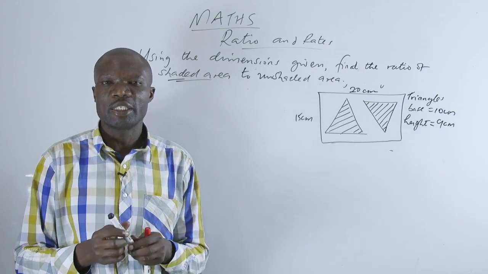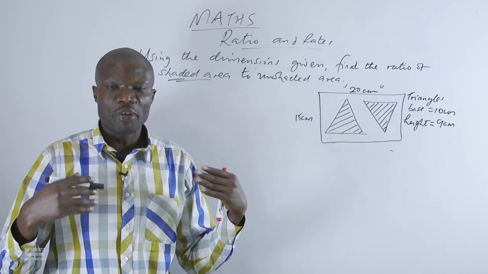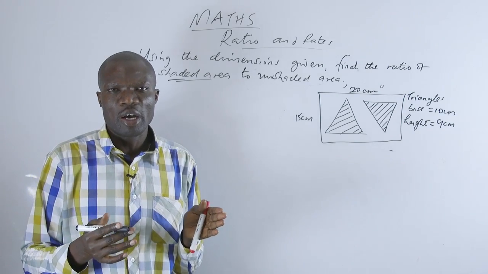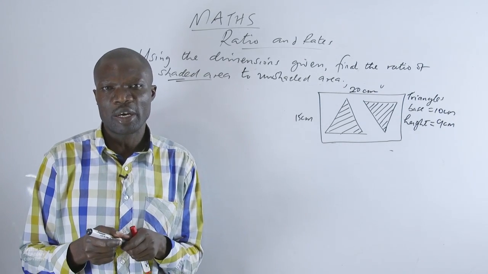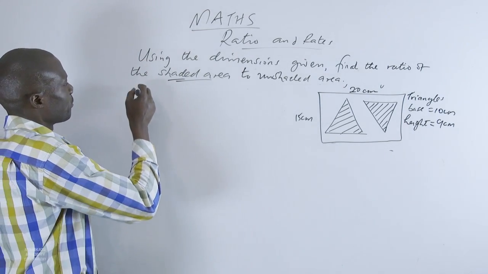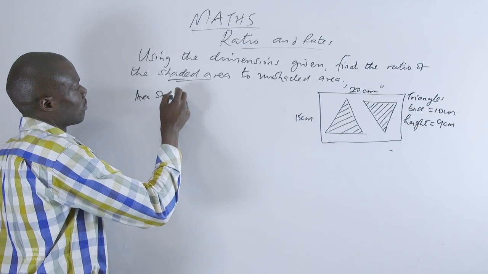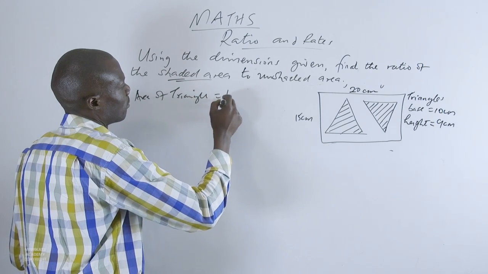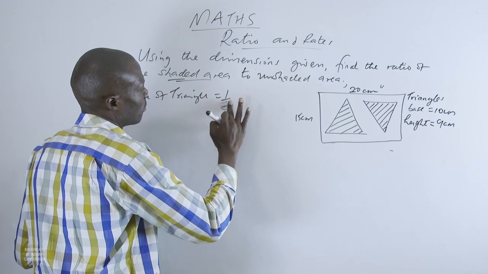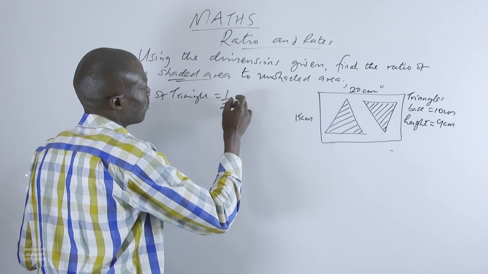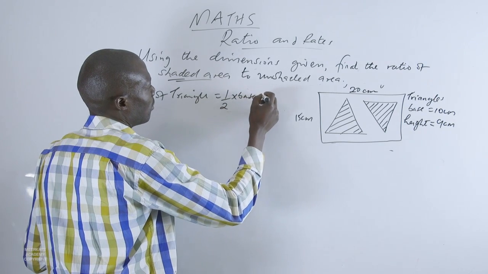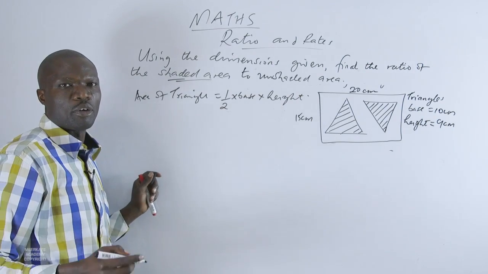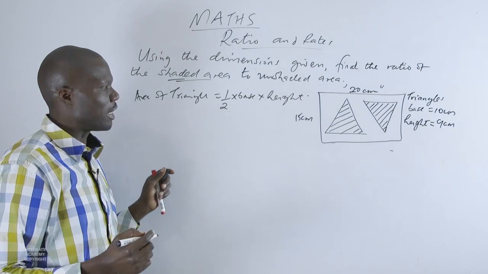And in most cases, from our previous classes, we know that the area of a triangle is given by a formula: a half of base times height.